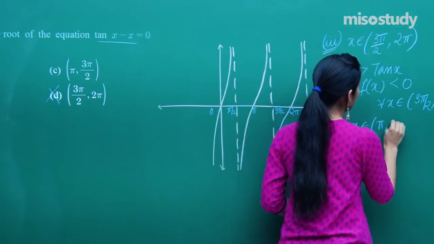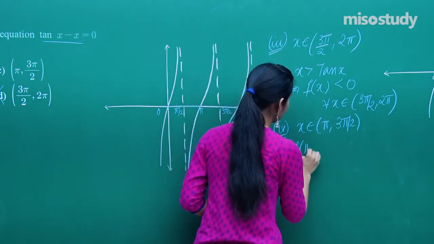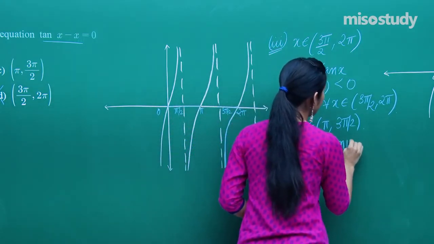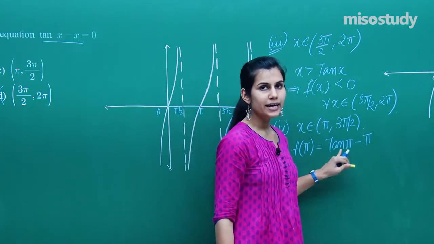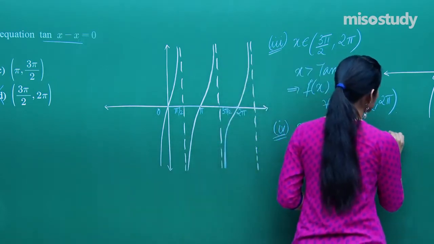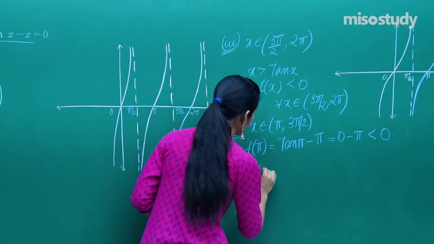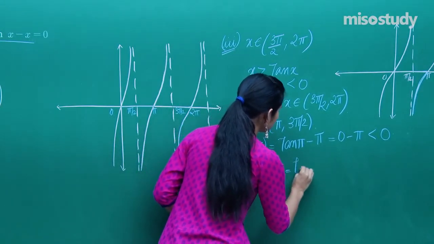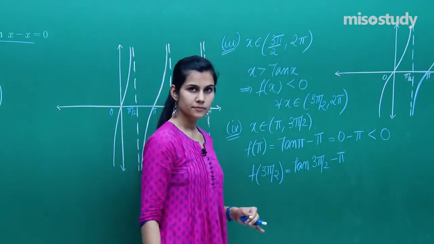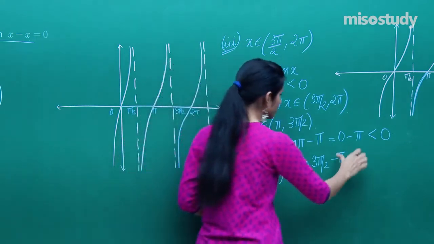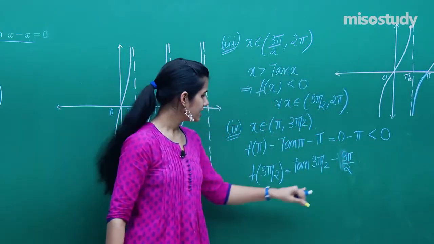If x belongs to pi to 3 pi by 2, then what is f of pi? F of pi is tan pi minus pi. Tan pi is sin pi upon cos pi, 0 upon 1, that's 0. So this is 0 minus pi, which is less than 0. Next you have f of 3 pi by 2, which is tan of 3 pi by 2 minus 3 pi by 2, because it is tan x minus x.